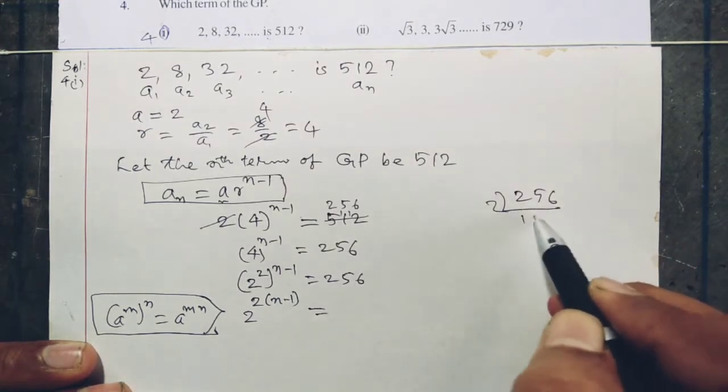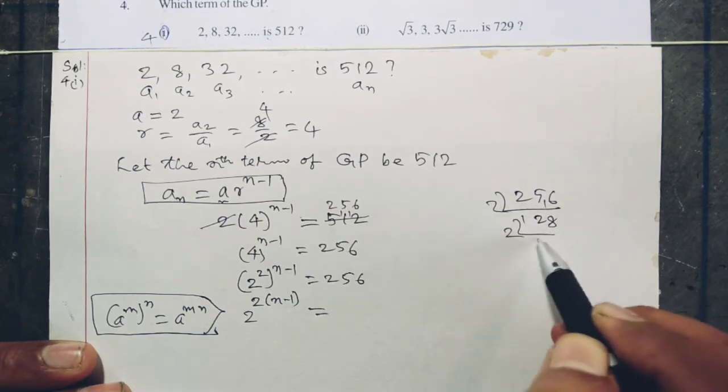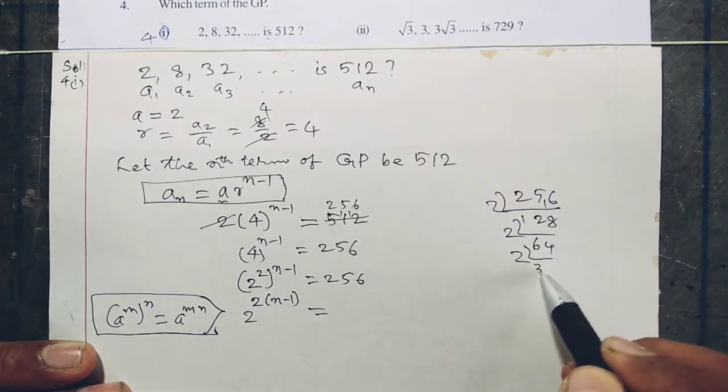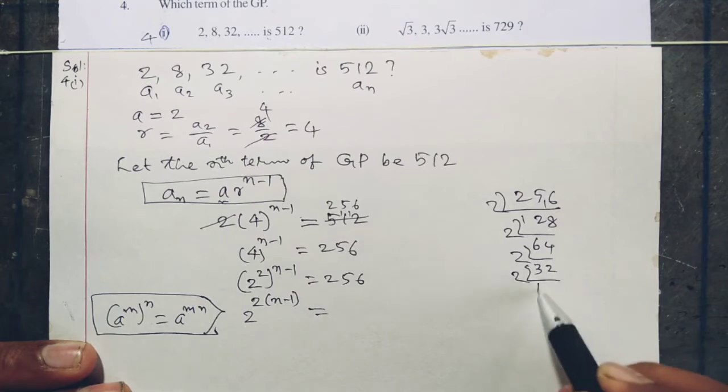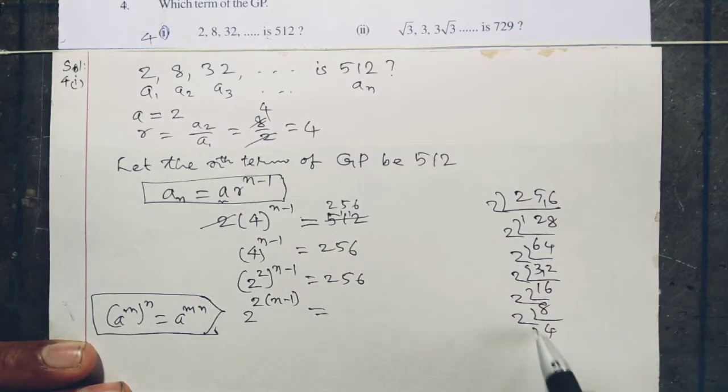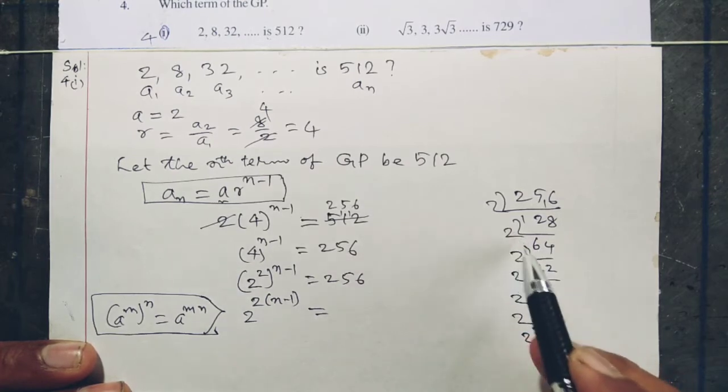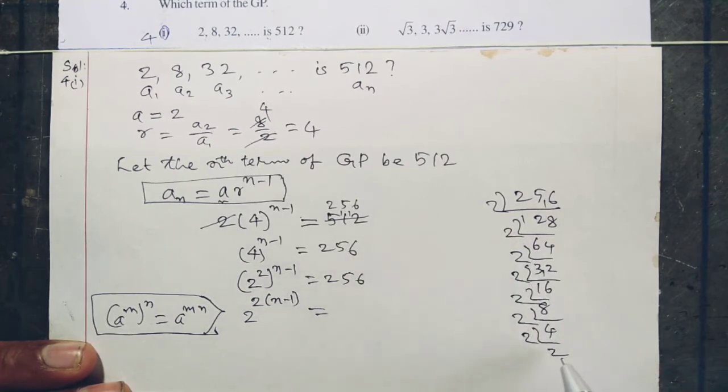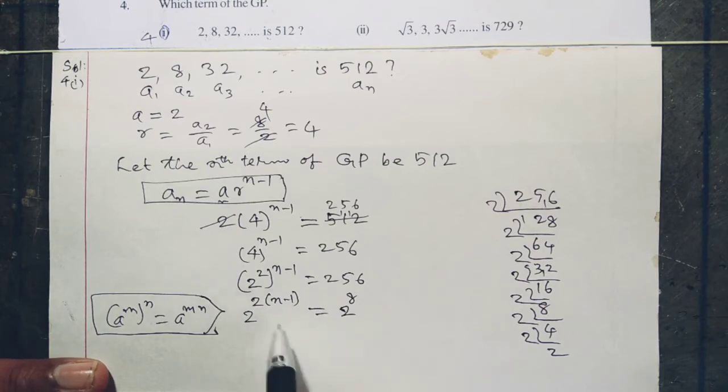Factorizing 256: 2 ones are 2, 2 twos are 4, 2 fours are 8, and so on, giving 1 2 3 4 5 6 7 8, so 2 to the power of 8. So here the bases are equal.